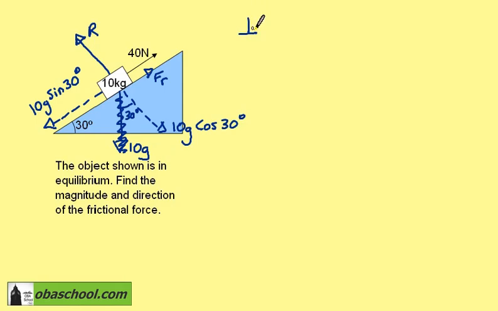If we look perpendicular to the plane, although this isn't directly of interest to us in this question, we can see that we have R in the opposite direction to 10g cos 30, and since the object is in equilibrium, these must be equal.